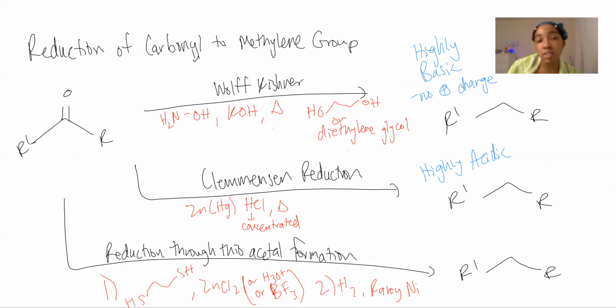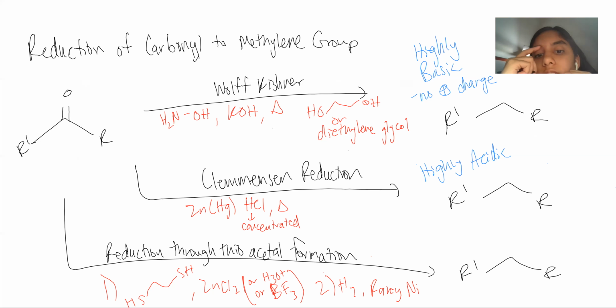You can use Clemmensen with basically anything that has a halide in it because it's base sensitive, and then you can use Wolff-Kishner for things that have alkenes and other acid sensitive things. Acid sensitive acetals, you can use Wolff-Kishner for those. It's just you have to be careful.